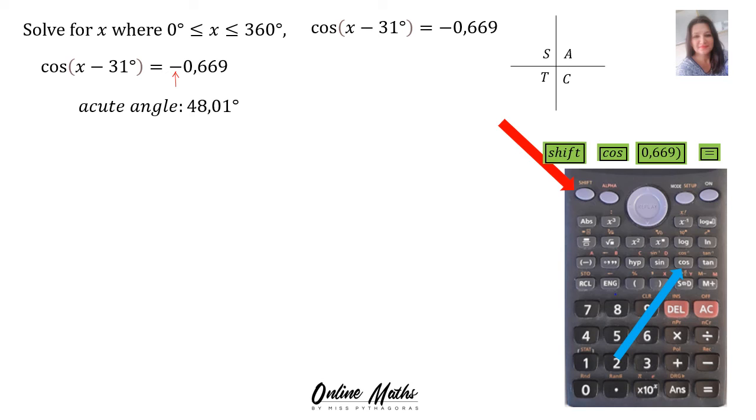Now you will decide in which quadrant your solution lie. Therefore, you will go to the minus and you will discuss it as where is cos negative. Cos is negative in the second and the third quadrant. So quadrant 2, quadrant 3.